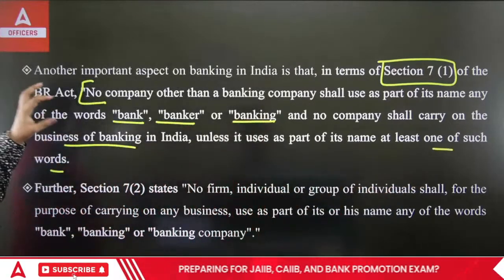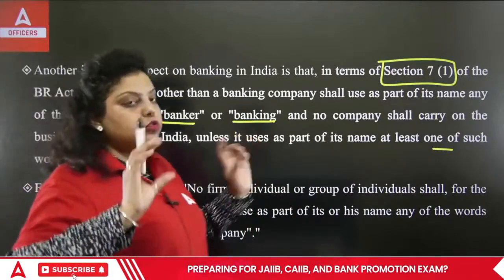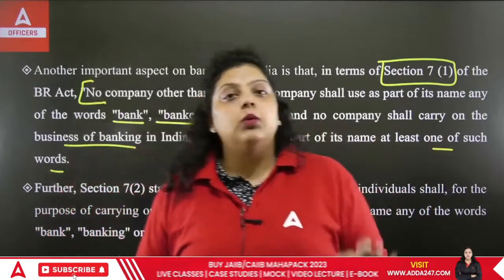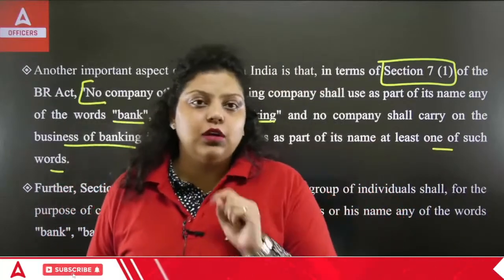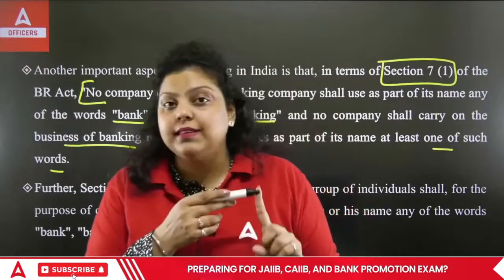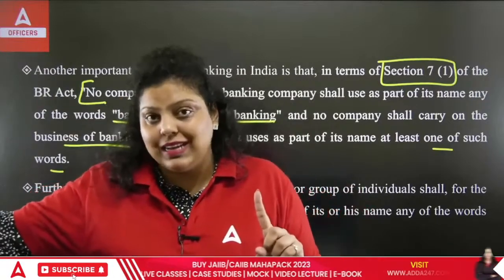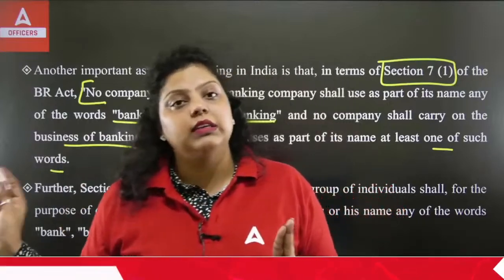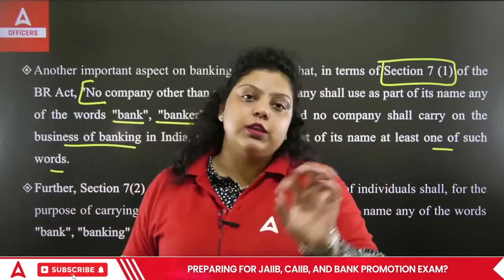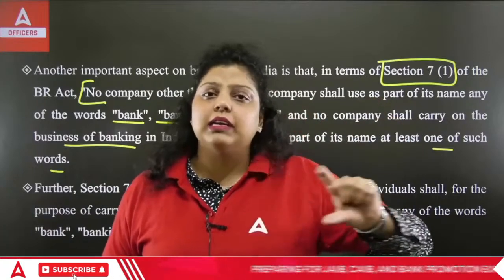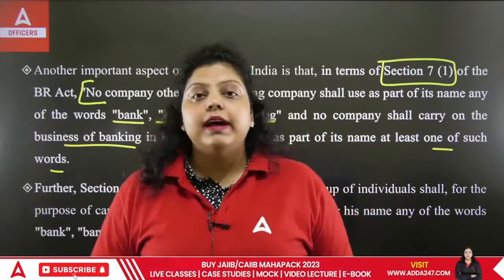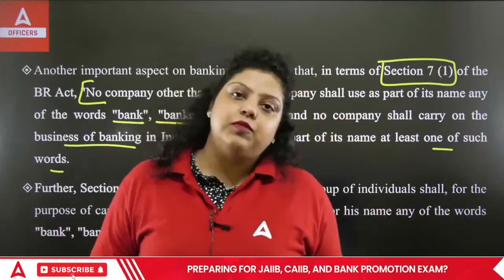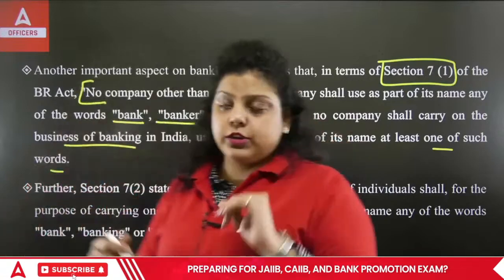So you can use the words bank, banking, banker or banking company only if you are doing the business of banking. It means if you are accepting deposits for the purpose of lending or investment, and you make that deposit repayable on the demand of the customer, then only you can use the term bank, banking, banking company or banker. Otherwise, no company can use these names. This is the condition defined under the Banking Regulation Act.